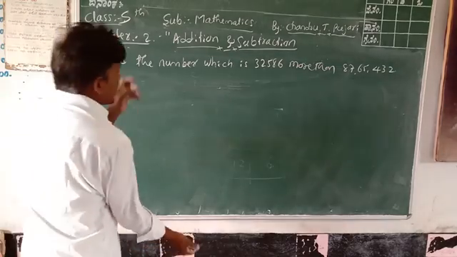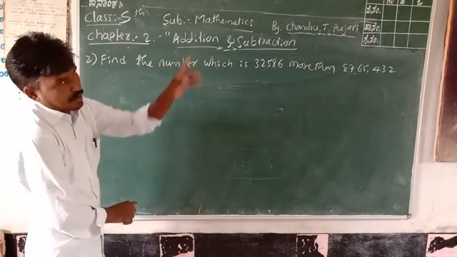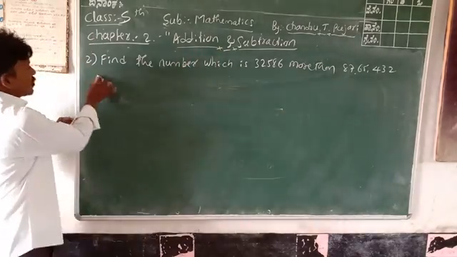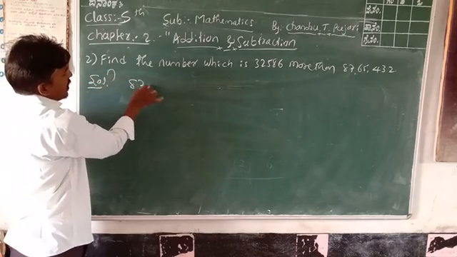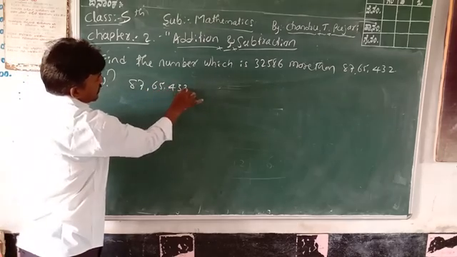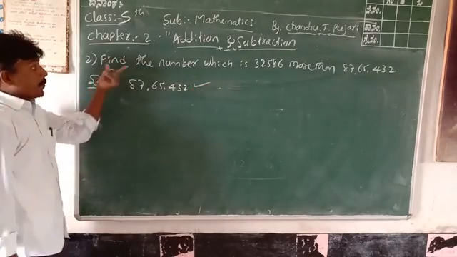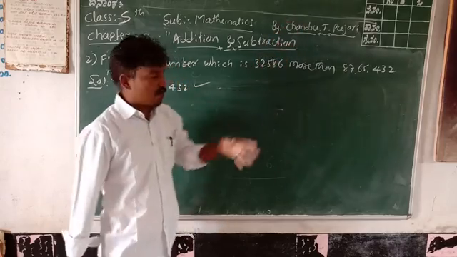Find the number which is 32,586 more than this number. Therefore, the solution: the given number is 87,65,432, but we have to find the number which is 32,586 more.